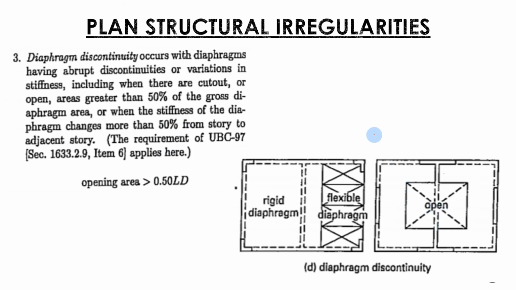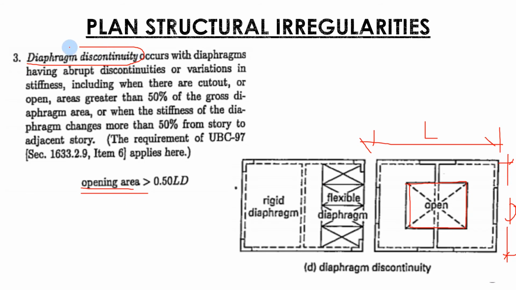Sample, ani mo L, then mo ni D. Okay, so same ni ang diaphragm area na ginatawag. Okay, so if ang opening area is greater than 50% sa imong L times D, then that's the time that you will have this diaphragm irregularity. Then pareha ni guys.